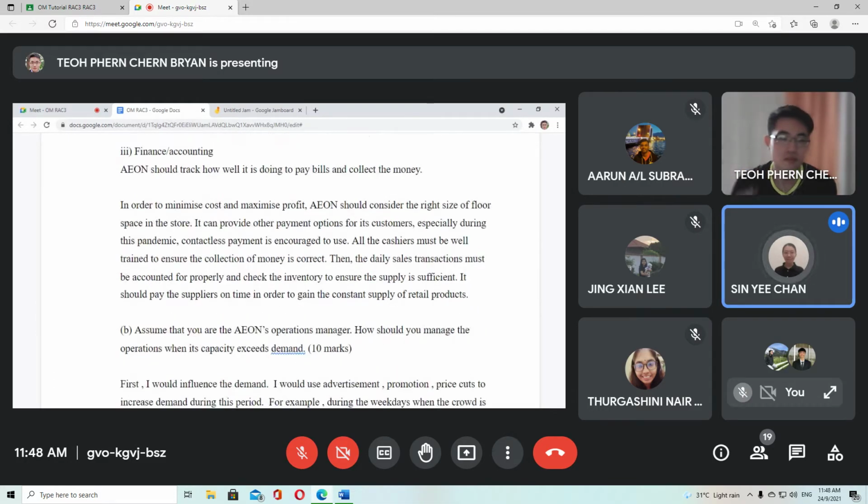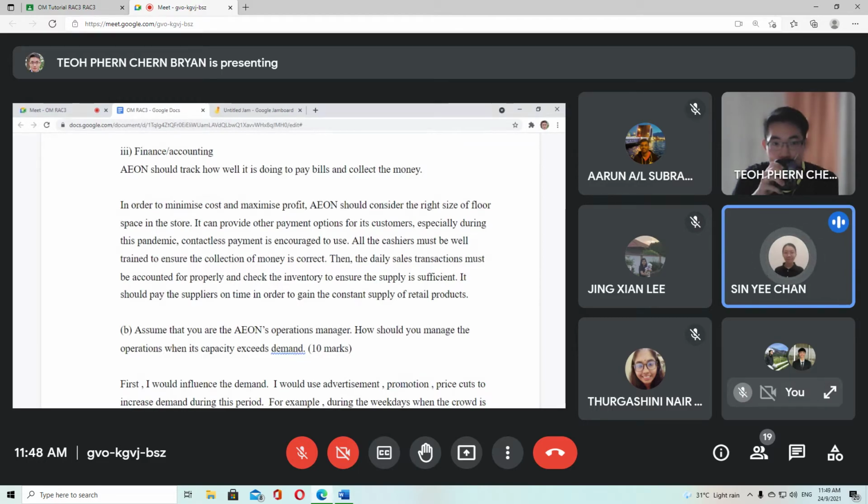The third one is the finance or accounting function. Aeon should track how well it is doing to pay bills and collect the money. In order to minimize cost and maximize profit, Aeon should consider the right size of floor space in the store. It can provide other payment options for its customers to use.